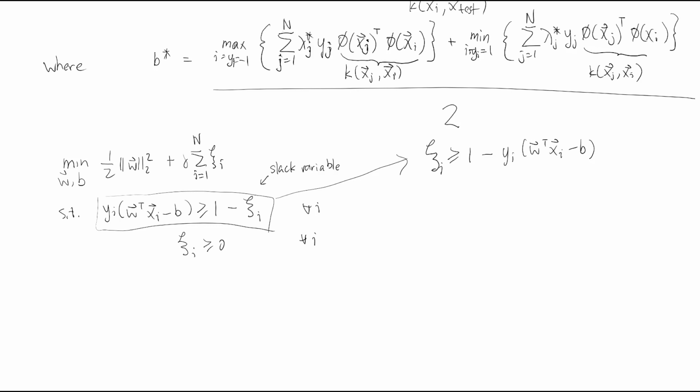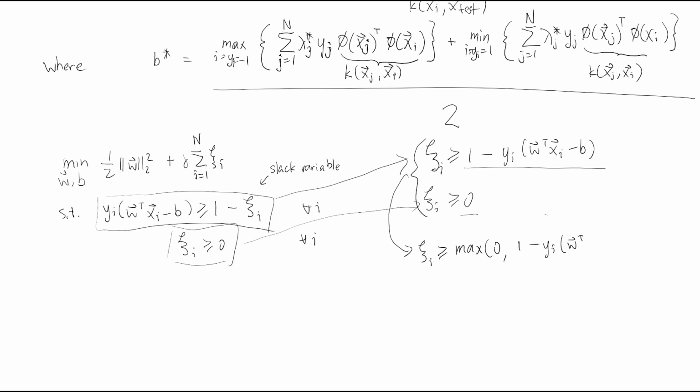The other constraint is still ξi greater than or equal to 0, unmodified. Combining the two, ξi must be greater than or equal to this quantity, and also greater than or equal to 0, so it must be greater than or equal to the maximum of the two: ξi greater than or equal to max of 0 and 1 minus yi (w transpose xi minus b).